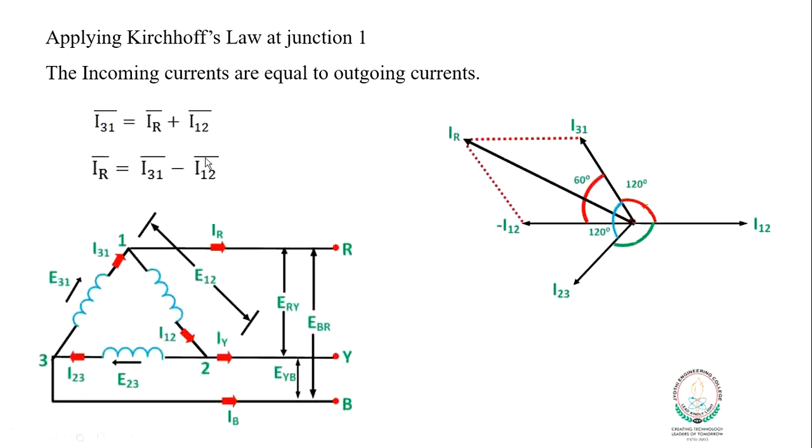Now we want to find the resultant of minus I12 and I31. So this is I31 and this is minus I12. We are taking the resultant of these two. We will get the line current IR. So this is IR. Now to find IY, we have to apply KCL at junction 2.